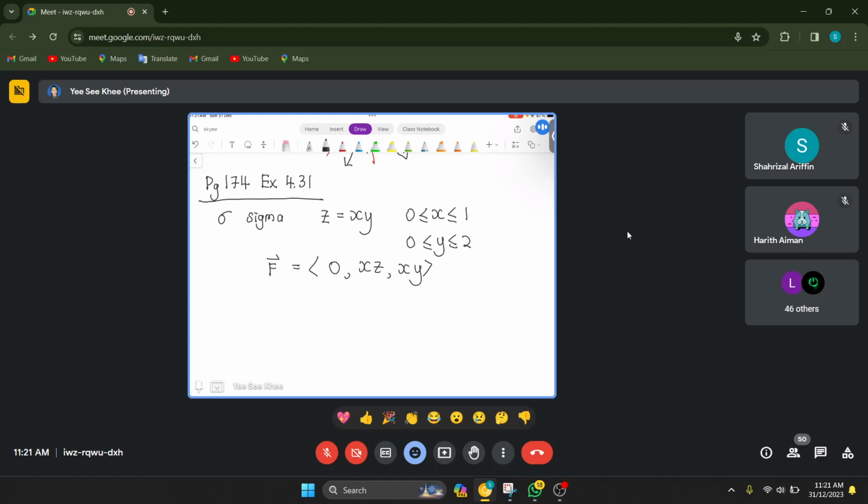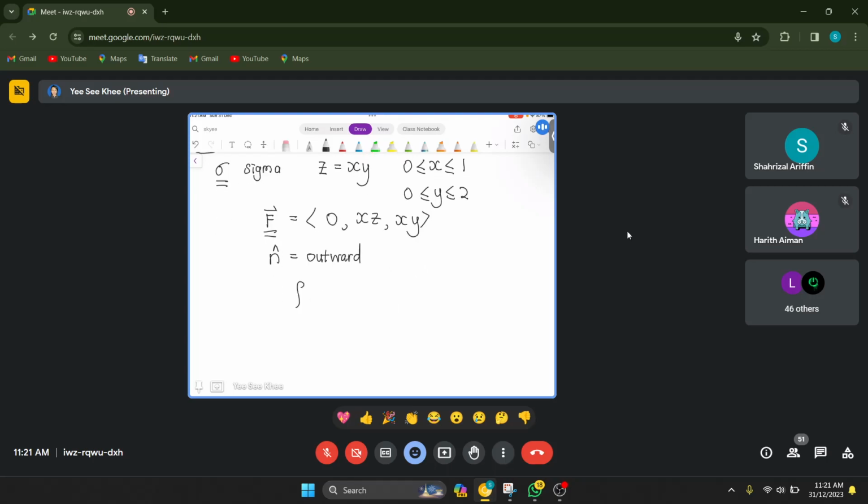This is given by the question. So this is the vector field passing through this surface sigma. Assume that n is the unit normal vector oriented outward. The question said that it is outward. Evaluate the surface integral of the vector field. They ask you to evaluate this.